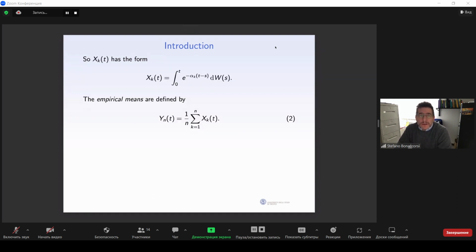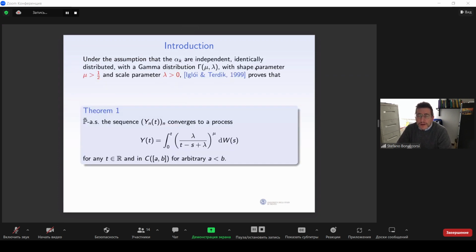We have an explicit form for x_k, which is well known, and we consider the empirical means, so the partial sums of x_k from 1 to n divided by n.